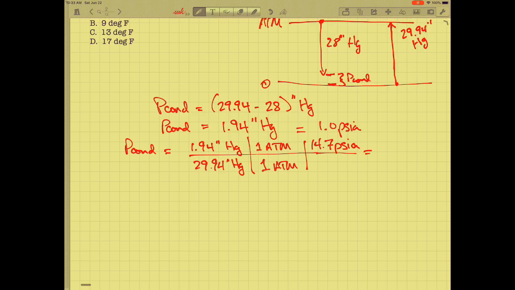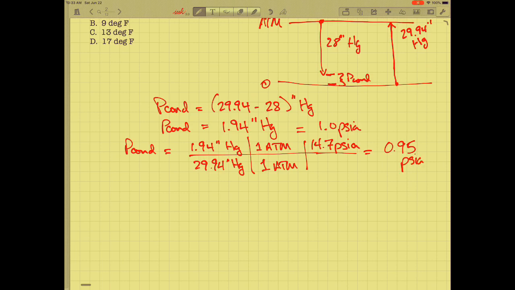So using our calculators, we're going to get 1.94. It's not plus, it's times 14.7. That's going to be divided by 29.94. So I got 0.95 psia.